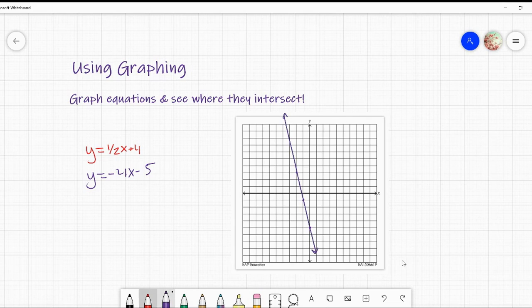That's what our purple one looks like, and our red one should look like this. Okay, perfect. So now in black, I'll show you where they intersect. It's at this point right here, negative 2, 3. So that would be our answer.